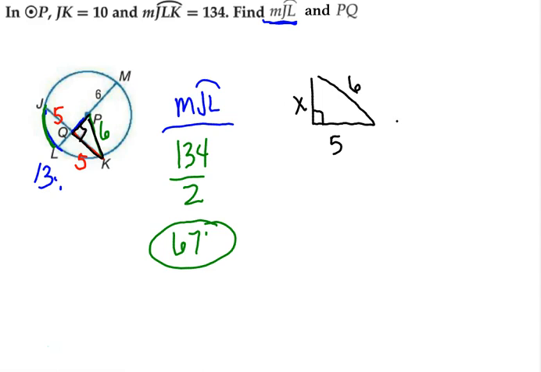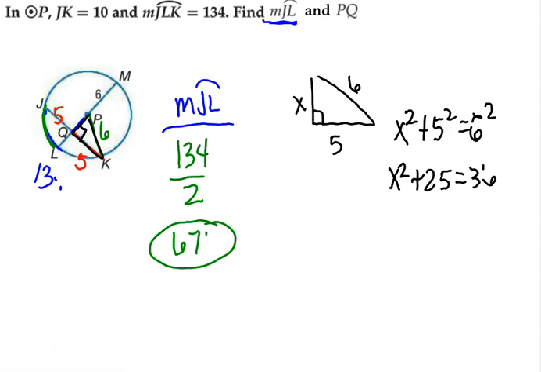Do this in our sleep, right? x squared plus 5 squared equals 6 squared. x squared plus 25 equals 36. Subtract it over. So x equals the square root of 11, which is approximately 3.3. There we go. So we just found what our PQ was. 3.3.